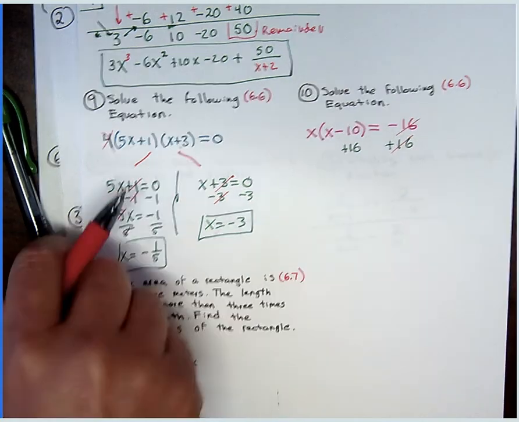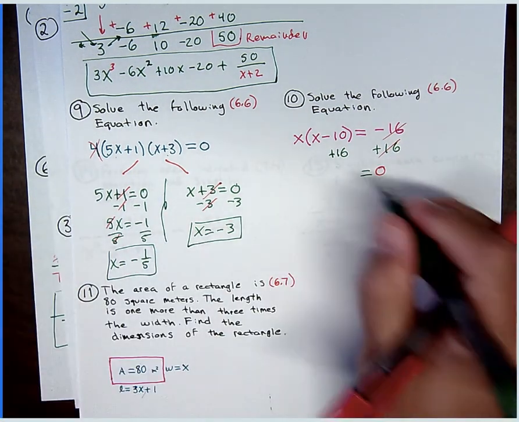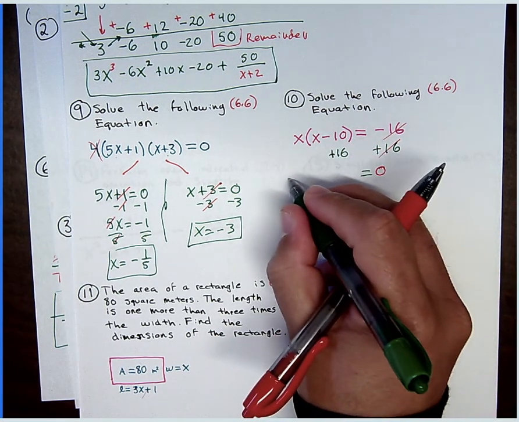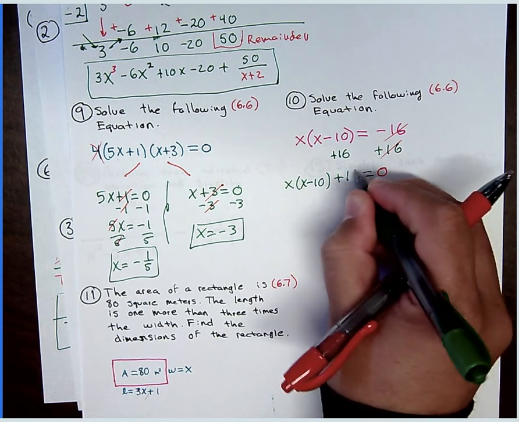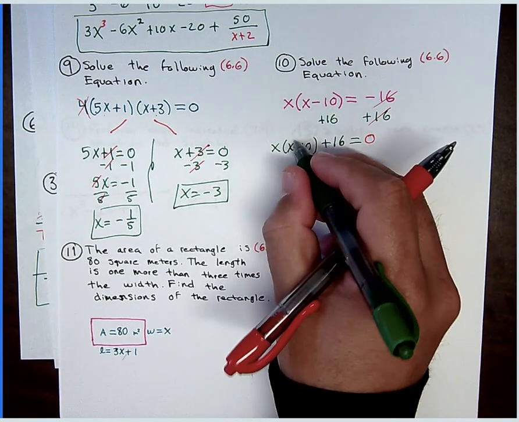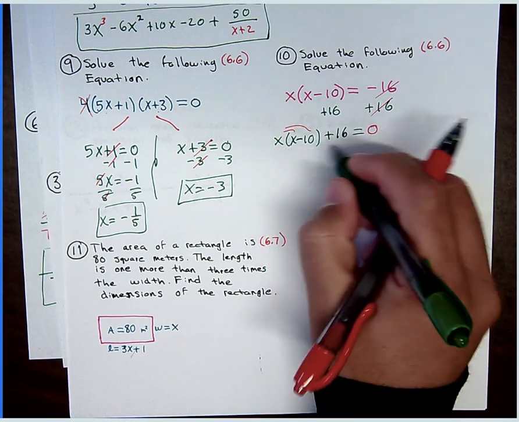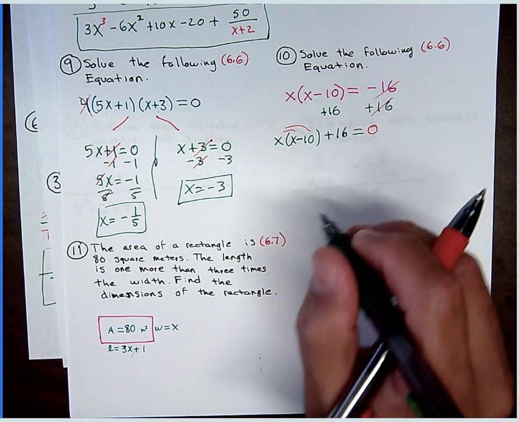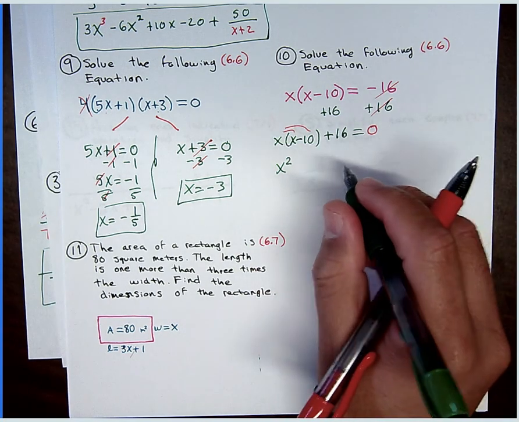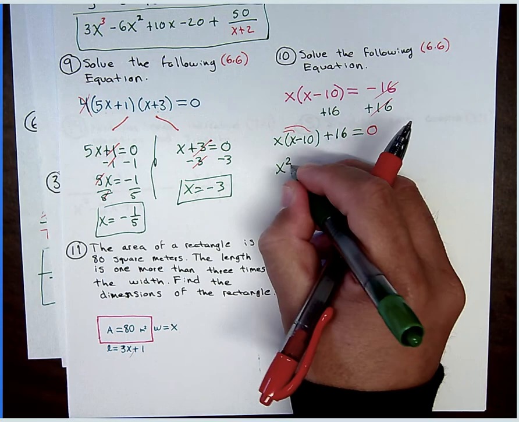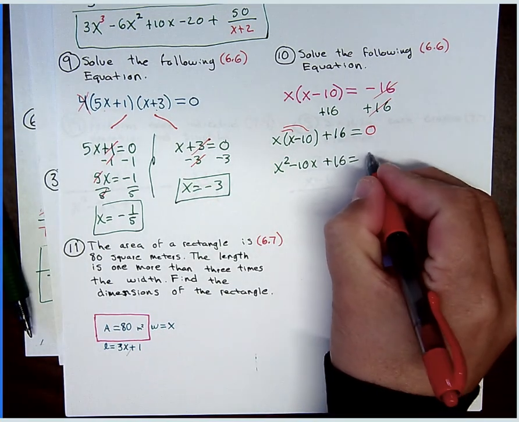That goes away, so you have a red 0 here, and then I'm going to put this like this, plus 16. Now distribute this x, because we want a polynomial here. So x squared, and in this case it's going to be a quadratic, minus 10x plus 16 equals 0.